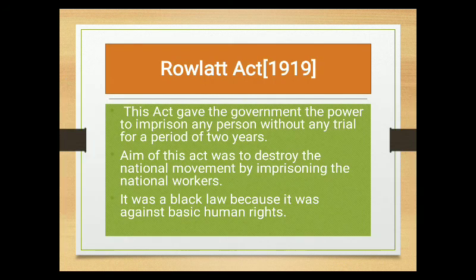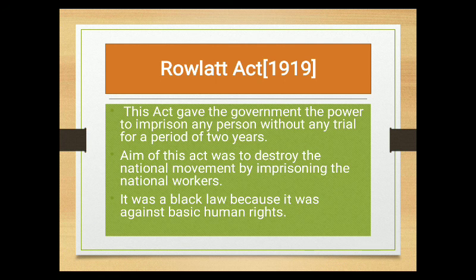And in this class we are going to learn about the Rowlatt Act. This Rowlatt Act was passed by the British government in 1919, and it gave the government the power to imprison any person without trial for a period of 2 years if they were undergoing any political struggle against the British, or protesting against the British government.